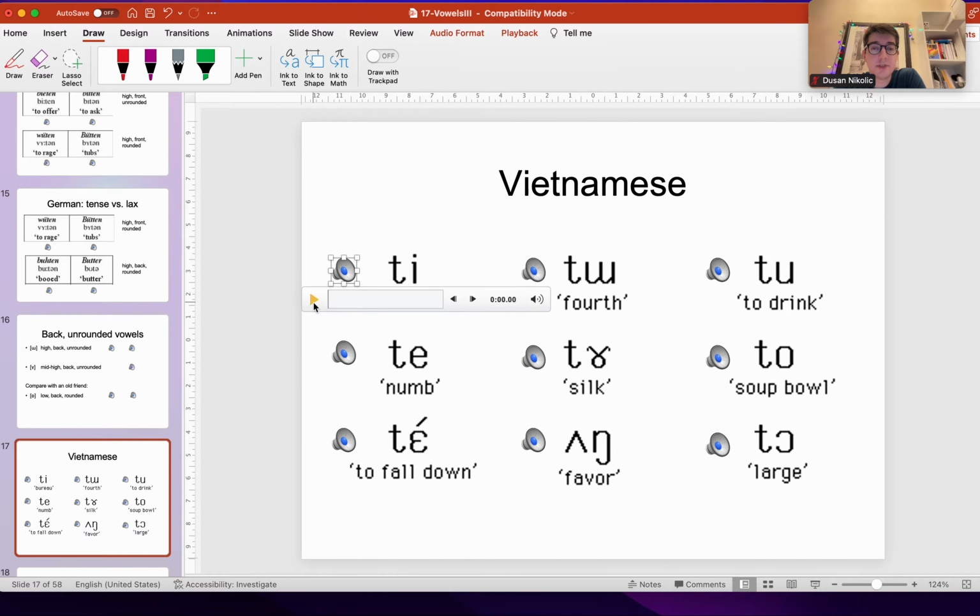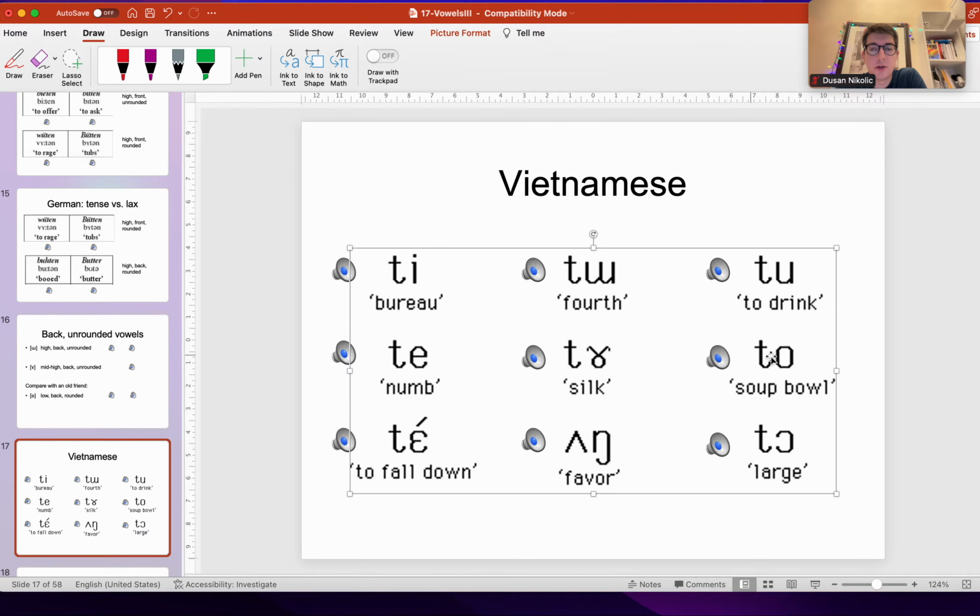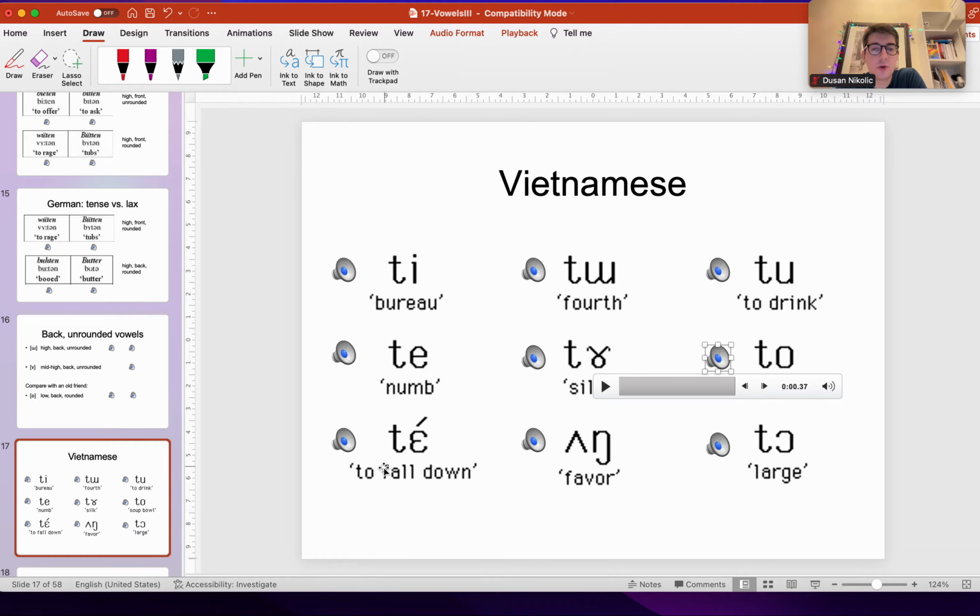Vietnamese has, for example, a three-way contrast of these high vowels.